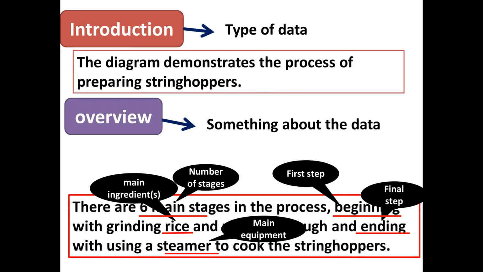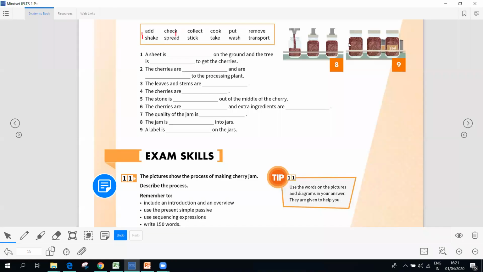But the model given in the book follows this pattern: introduction, overview, and then the stages. Since this is your first writing, I suggest that you follow the model given in the book. So that's about the first point.